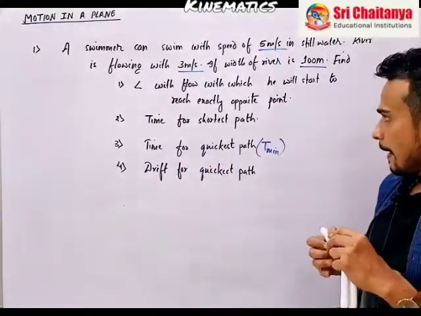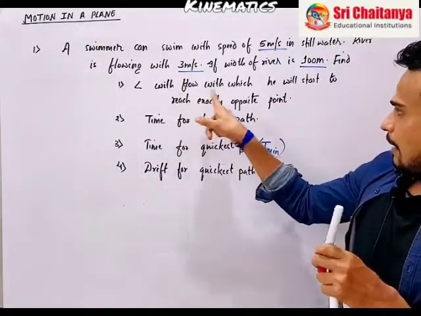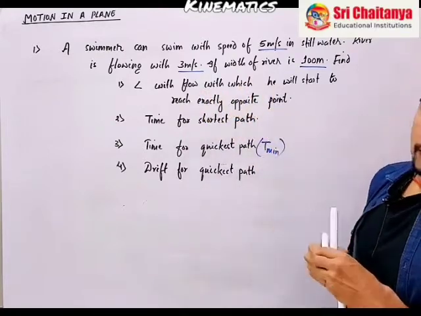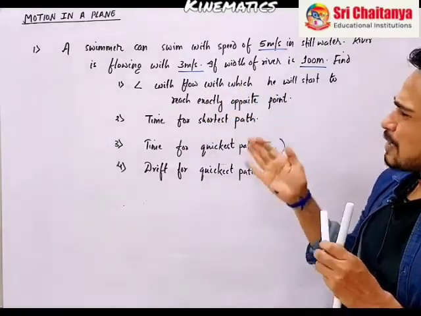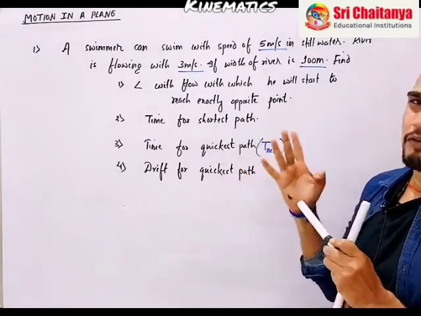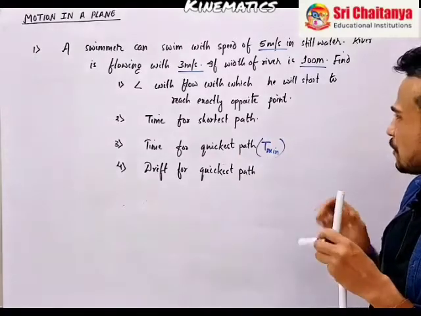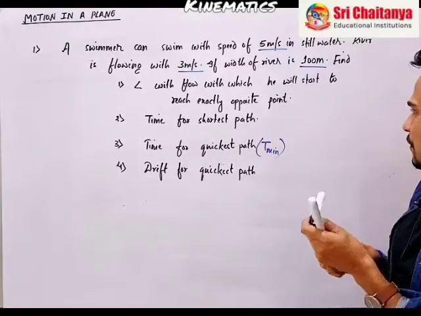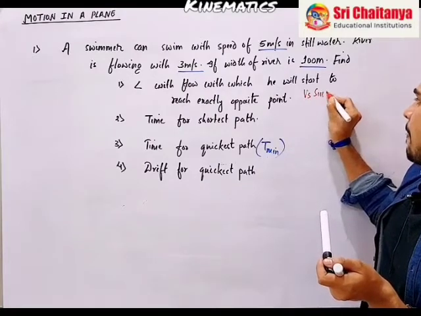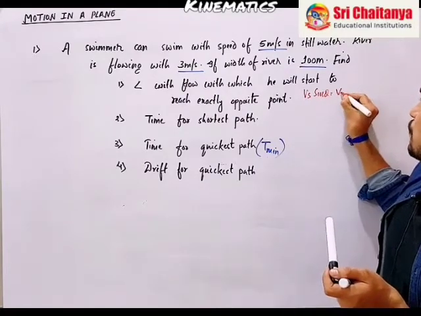First question, they are asking the angle with the flow with which the swimmer starts. I know, sir, if the swimmer has to reach exactly the opposite point, he has to balance the river flow. For that, Vs sin theta must be equal to Vr.